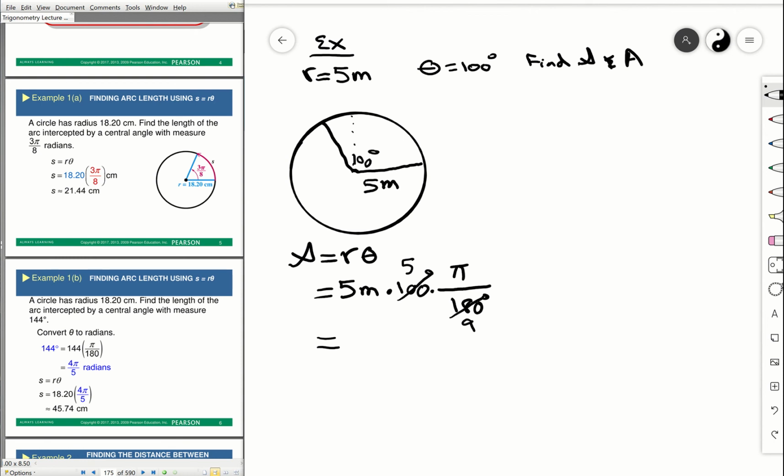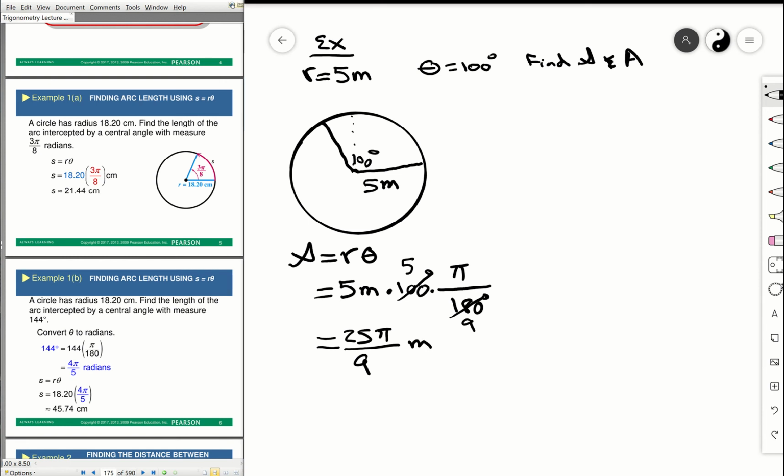So we end up with 25 pi over 9, and don't forget the units, meters.